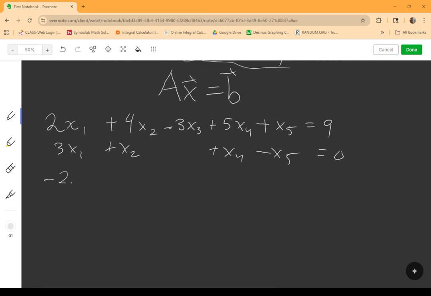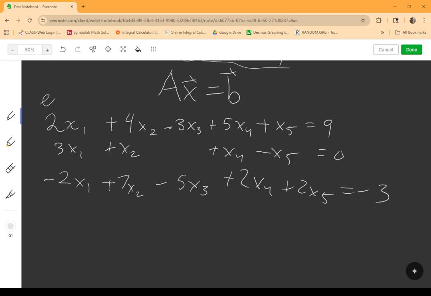And then minus 2x1 plus 7x2 minus x3 is 5x3 plus 2x4 plus 2x5 equals negative 3.